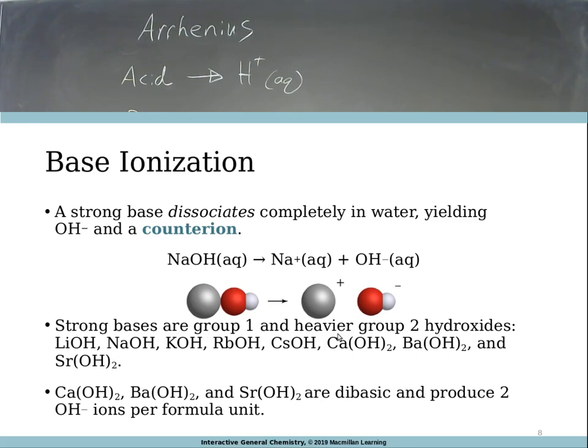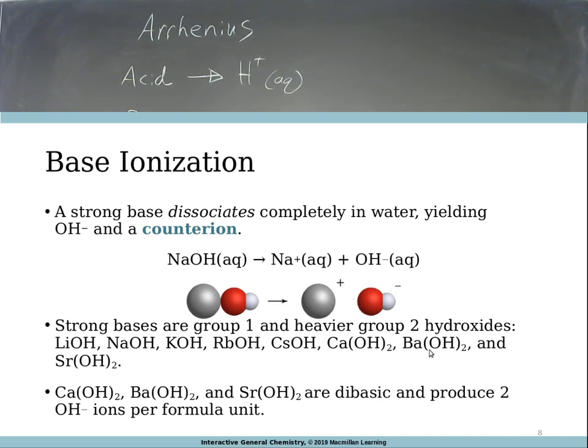And what we mean by heavy group 2, if we look at the periodic table, is that calcium, barium, and strontium are heavy compared to beryllium and magnesium, for example, which are lighter group 2 hydroxides. Magnesium hydroxide is not soluble, and so it won't actually generate OH minus when you put it in water.